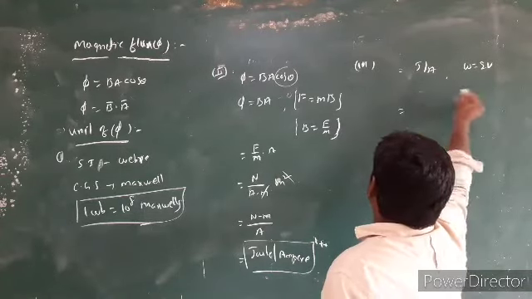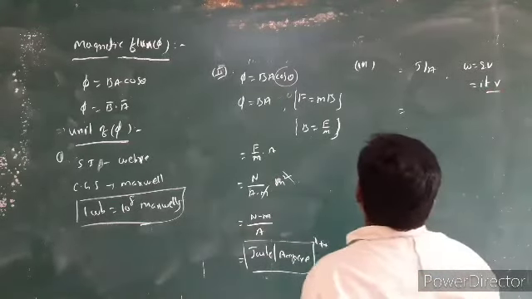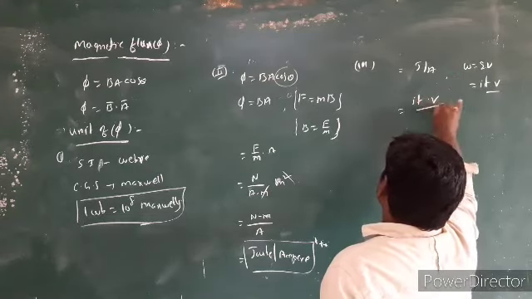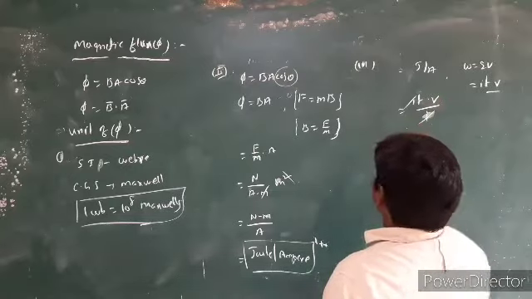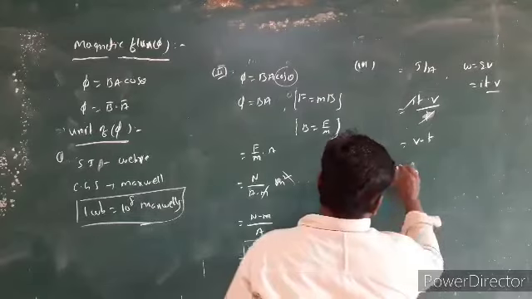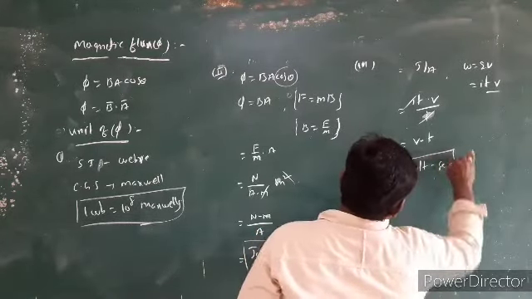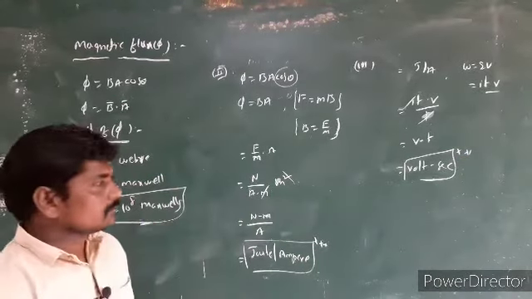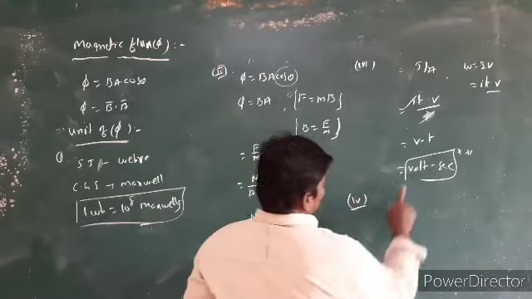Charge can be written as I T into V. So in the place of joule, I am writing I into T into V divided by ampere. Ampere is nothing but a current, so cancel. Now V into T. V means volt, T means second. Now another unit of flux is volt second.